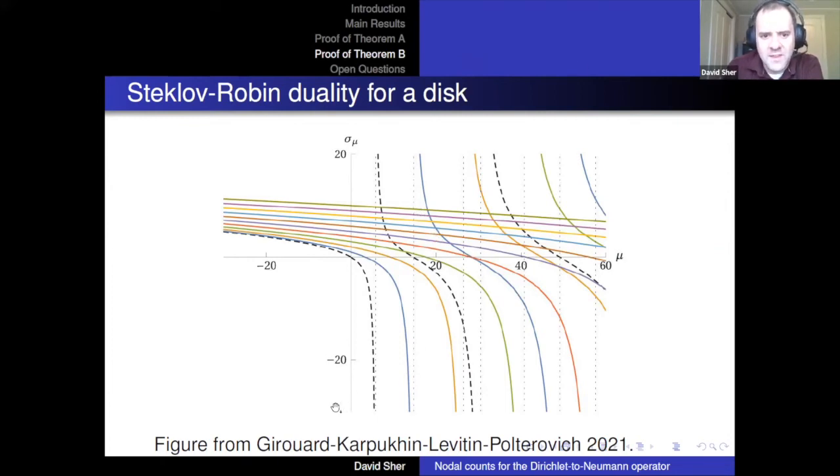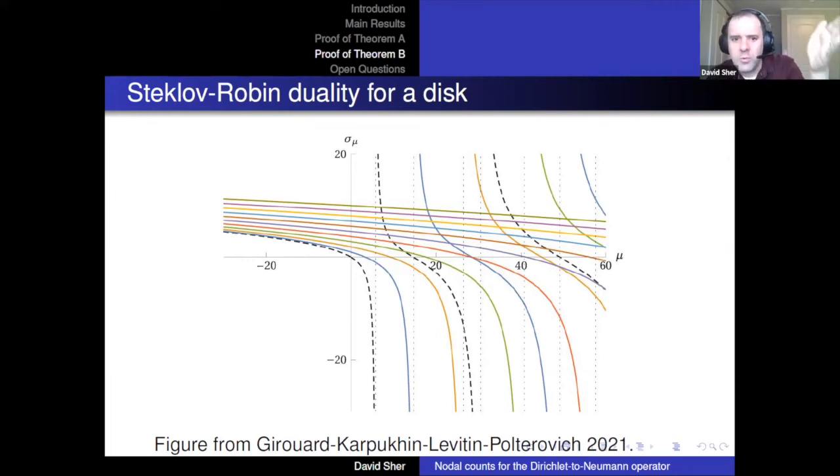If you take the kth Steklov eigenfunction corresponding to, say, a negative mu or lambda, then that's just the kth Robin eigenfunction as well, right? Because the kth from the bottom is the same as the kth from the left. And the same is true for sufficiently small positive lambda.